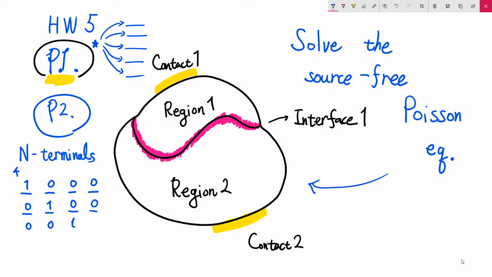Now apply 1 to the third terminal, and apply 1 to your last terminal. So you will have n different cases.